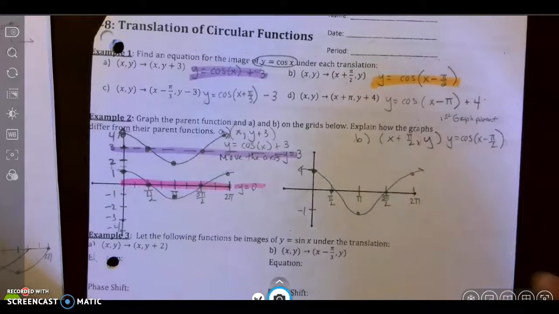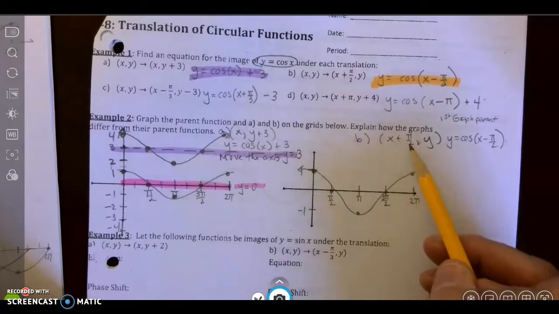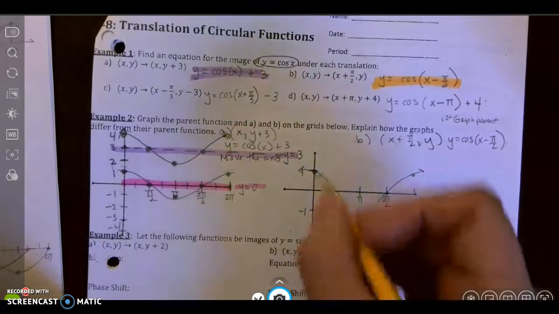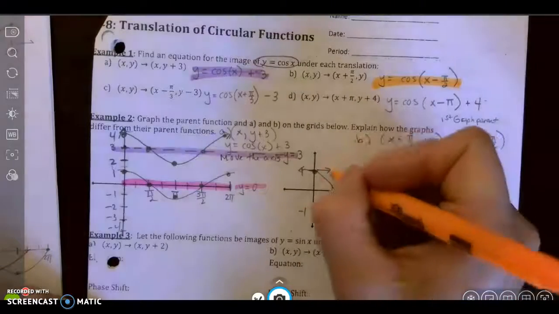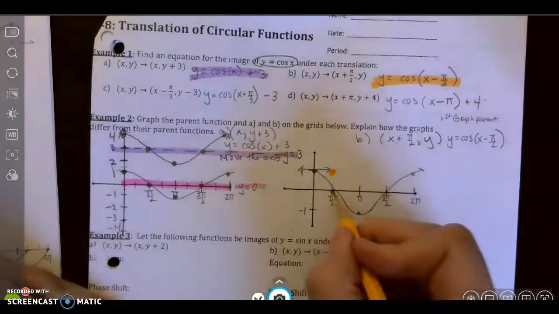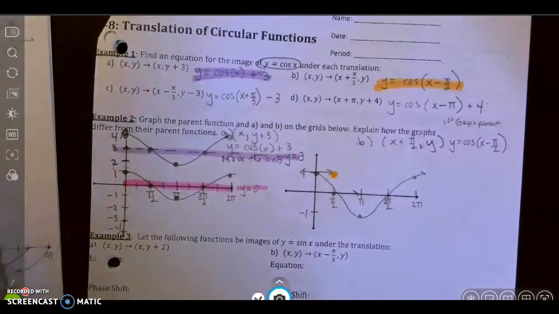This is what I'm graphing. So I'm going to move all of my points to the right pi over 2. So this point here goes to the right pi over 2, and this becomes my new point right there. This one's going to go from here to here because that's a movement of pi over 2.